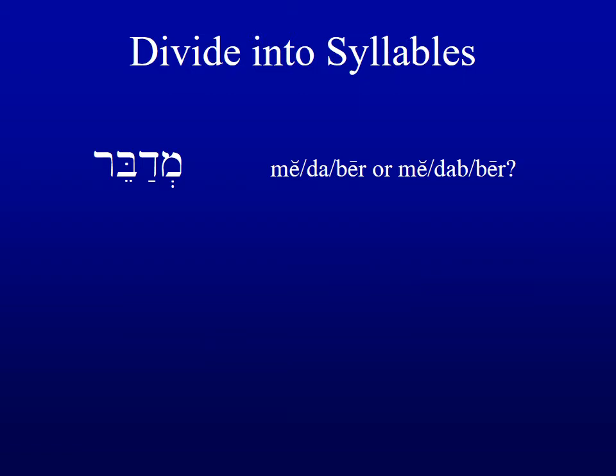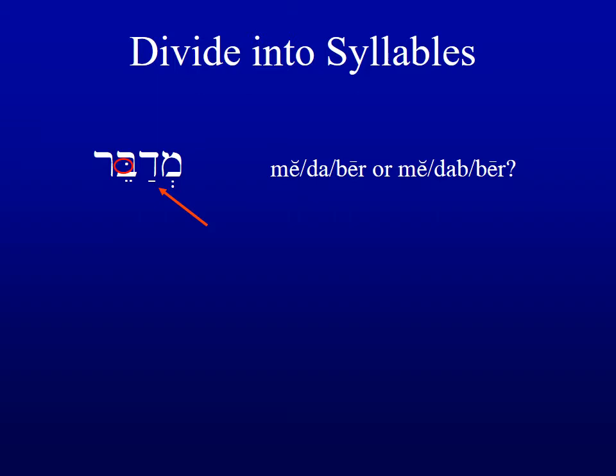Let's look at another example. The question here is whether this Dagesh should be read as a Dagesh linne or a Dagesh forte. You recognize that this letter is a bet, which is a Bagad Kfat letter, and so in theory this could be either Dagesh linne or Dagesh forte. You'll remember the rule: it's Dagesh linne if it follows a schwa or if it's the first letter in the word.